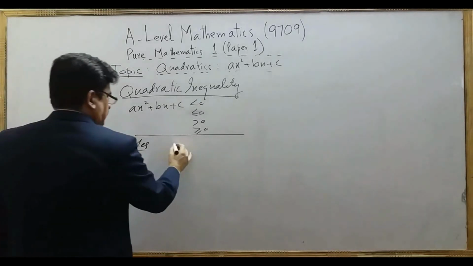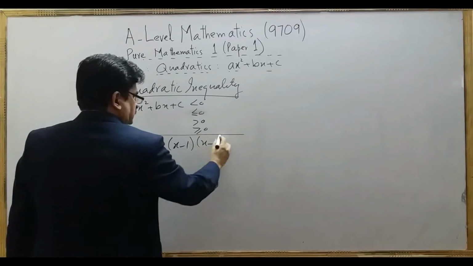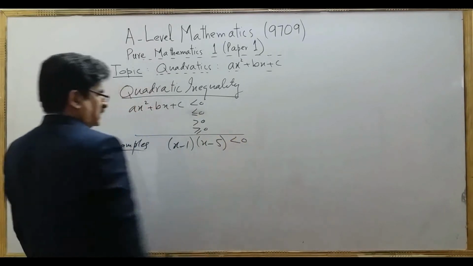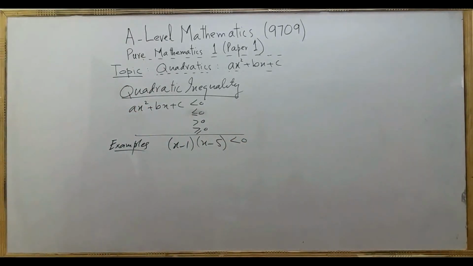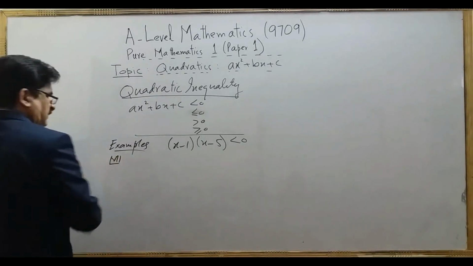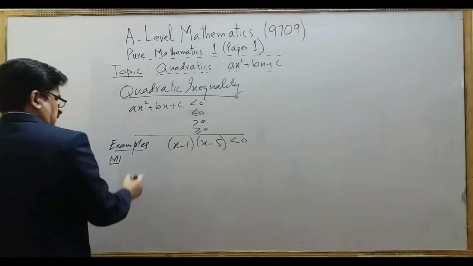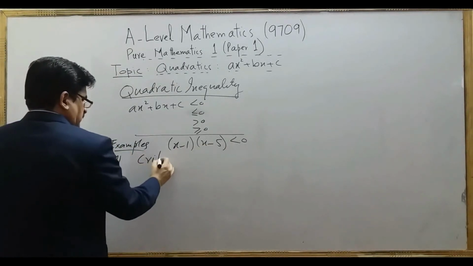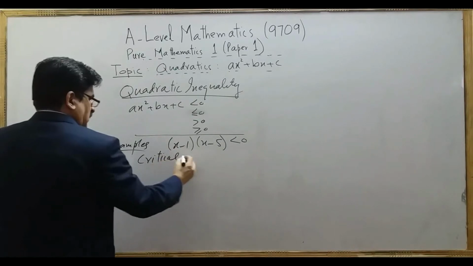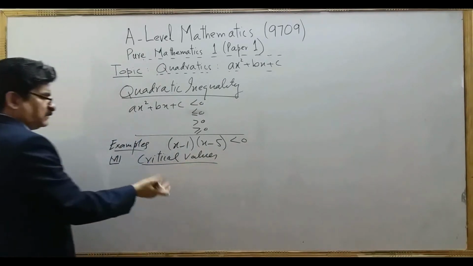Now first example is, solve x minus 1 into x minus 5 less than 0. Please be careful. We have two methods. Then first we have method 1. Now if you consider it as curve, critical values, you need these values for both methods.